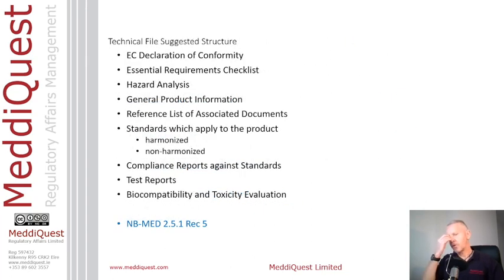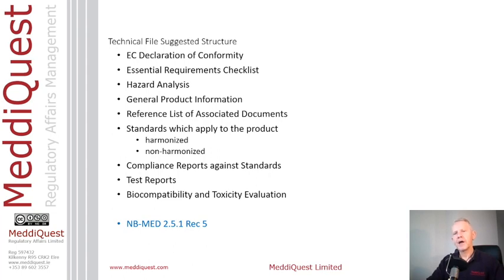And then by this time we'd also had from NBMed, which was effectively the trade union of notified bodies, the group of big notified bodies who got together and decided what the best way of presenting things was, a suggested technical file structure.